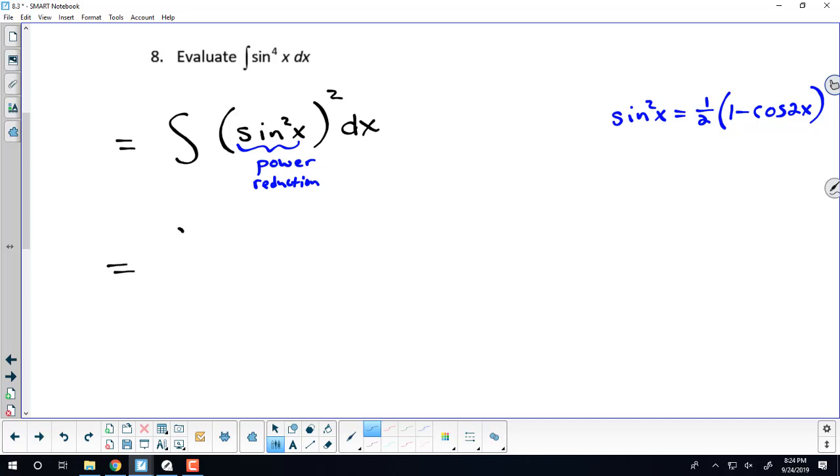So then we have to take the antiderivative of 1/2 times 1 minus cosine of 2x, squared. Before we actually do that, we do have to expand this.